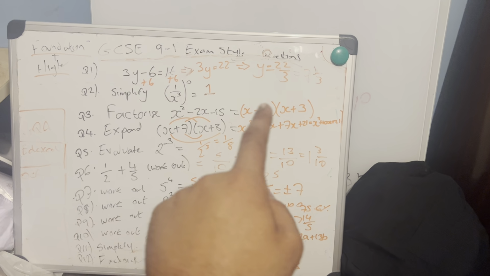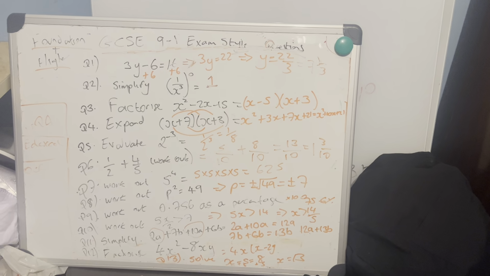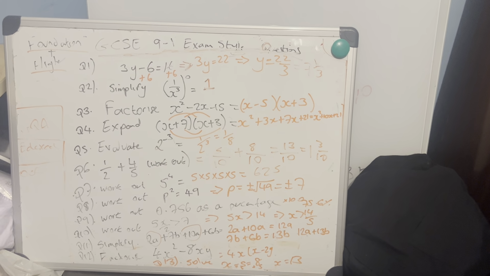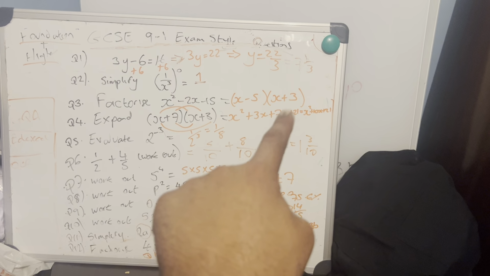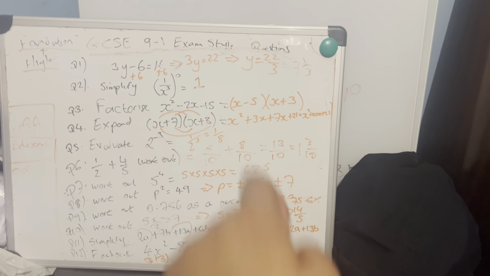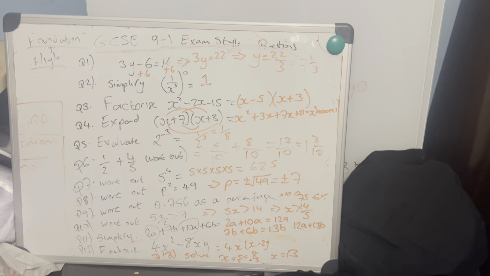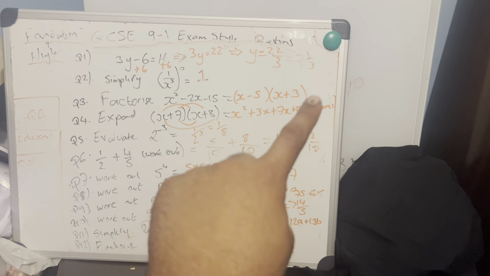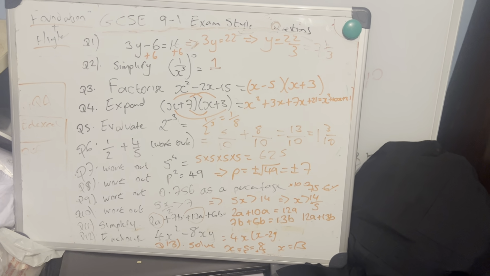Well, minus 2 is made by positive 3 and minus 5, or minus 5 and positive 3. Okay, because I can check my answer by expanding it. I get x squared plus 3x minus 5x minus 15, which simplifies to x squared minus 2x minus 15, because 3x take away 5x is equal to minus 2x.